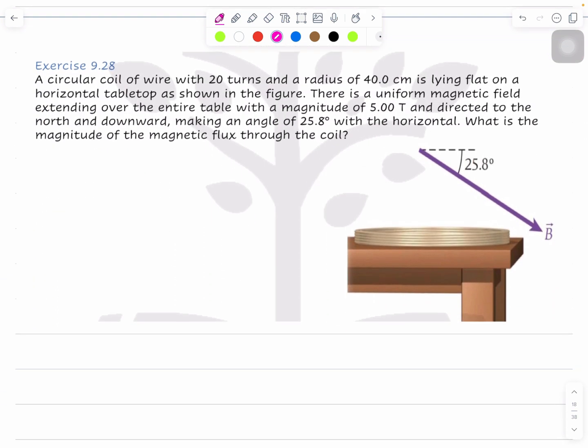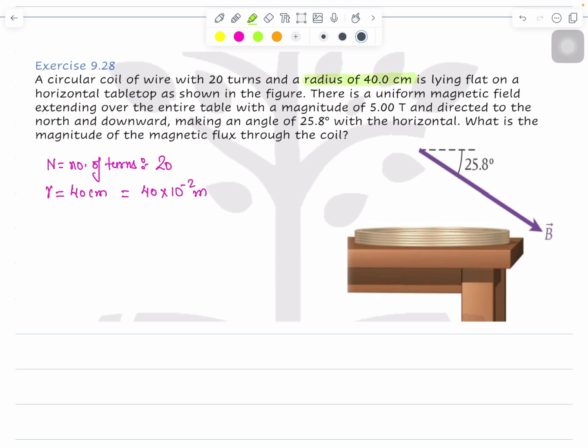A circular coil of wire with 20 turns. So 20 turns means capital N is the number of turns. So this is 20, and radius r is equal to 40 centimeters. Convert this: 40 times 10 power negative 2 meter. Highlight them.